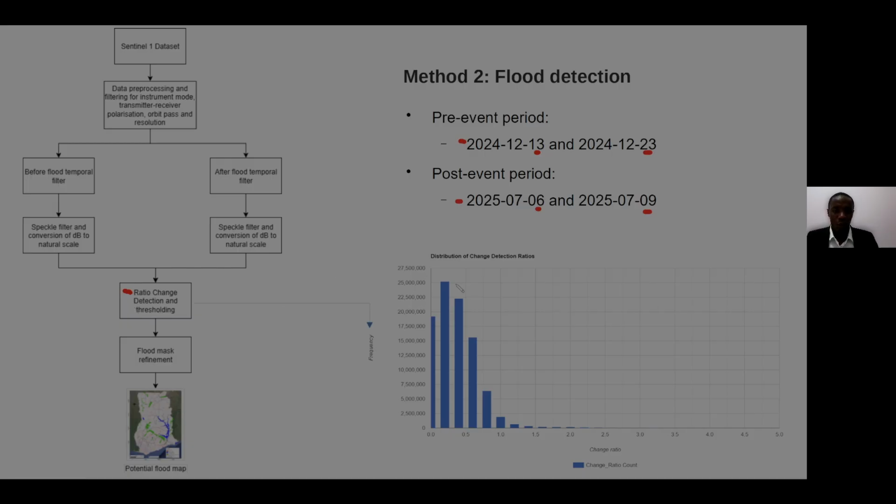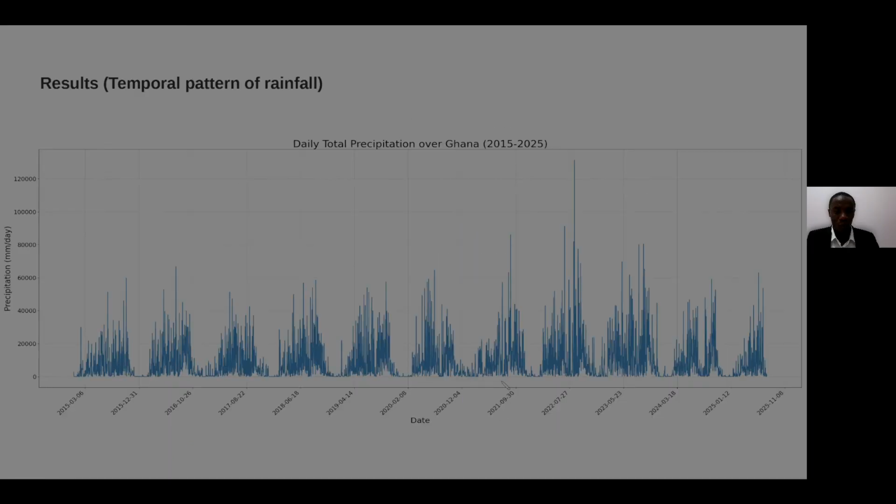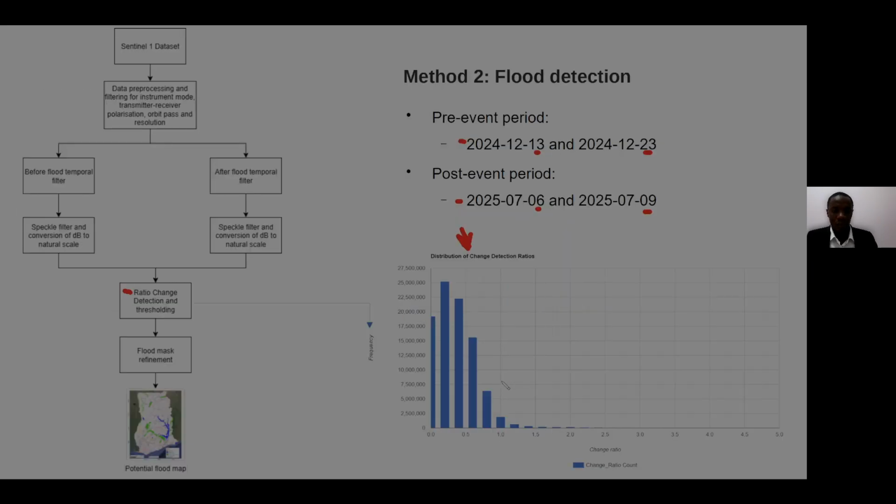And then on the diagram on the right, we see the distribution of the ratios that we obtained after doing the computations. And here a value of 1 indicates that there was no change in the intensity. A value more than 1 indicates that there was an increase in the intensity, so corresponding to a rough surface.